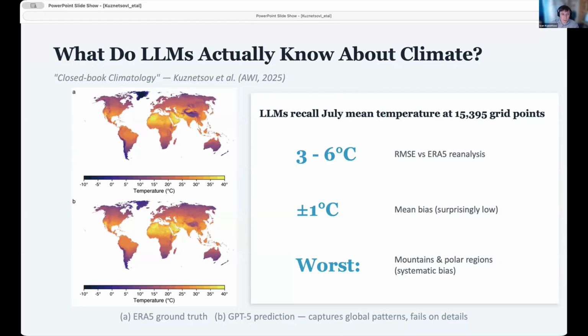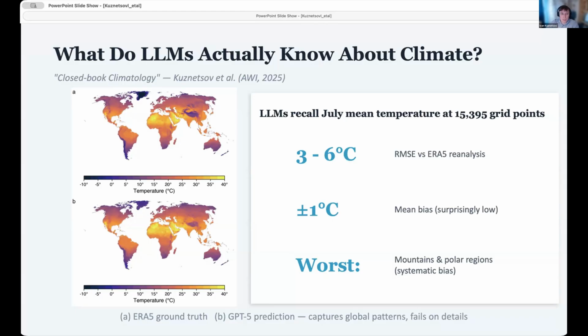The result is striking. The model captured the large-scale global pattern quite well. The root mean square error is about 3 to 6 degrees Celsius, and the mean bias is around plus or minus 1 degree. But the errors are not random. The model does worse in mountains and polar regions, and it misses important local details.